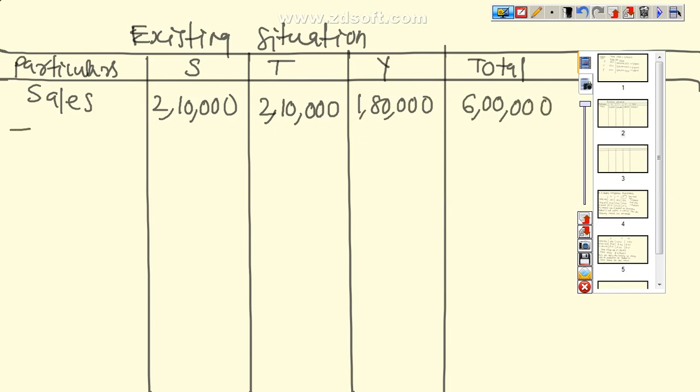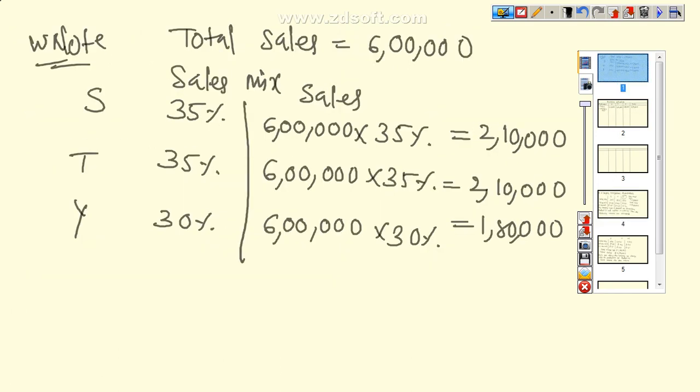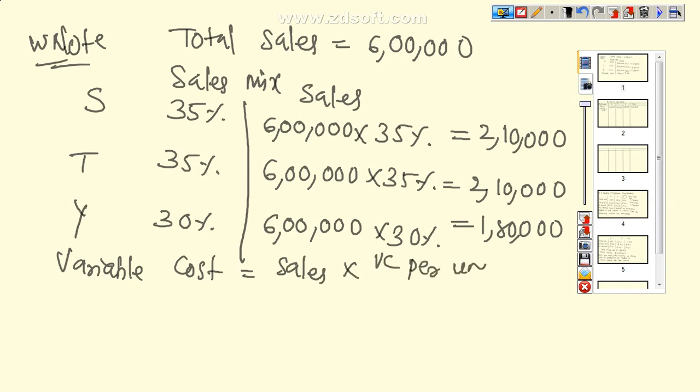Then we have to deduct variable cost. So variable cost, according to the question, is not given directly. Variable cost per unit is given, selling price per unit is also given. So we have to calculate variable cost applying the formula. Variable cost is equal to sales multiplied by variable cost per unit upon selling price per unit.